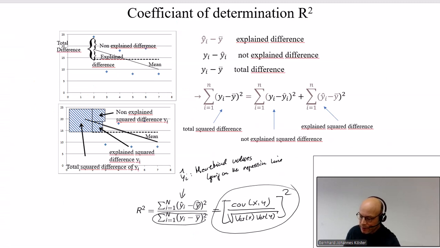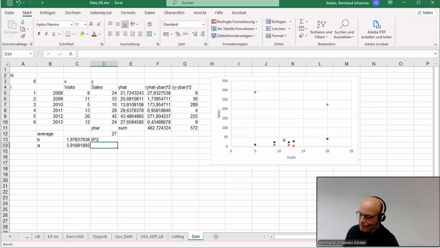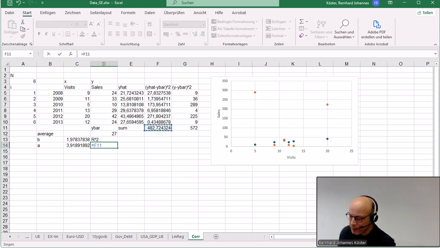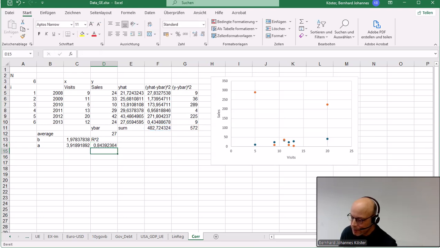This is just this formula here. So we obtain 482 divided by 572.